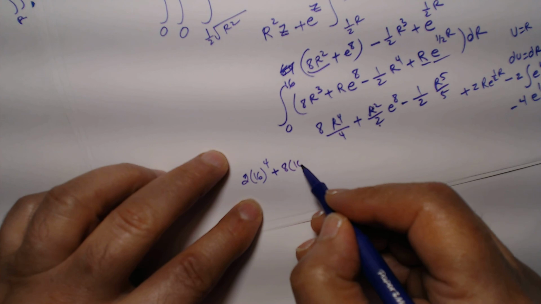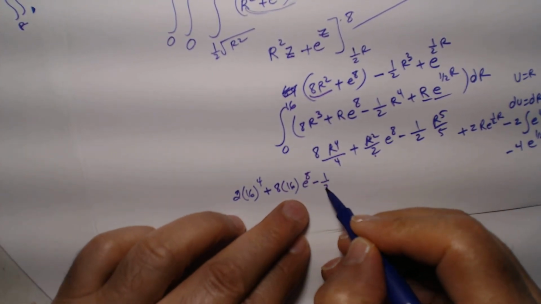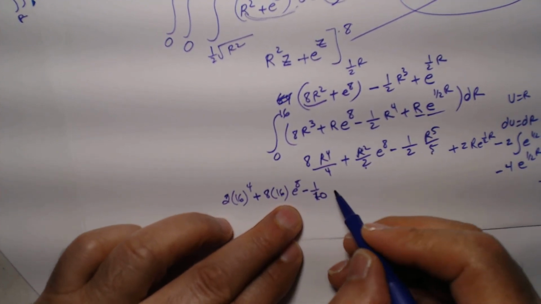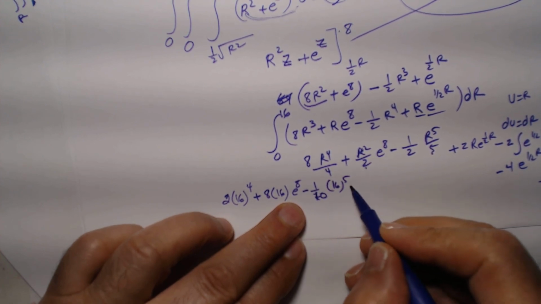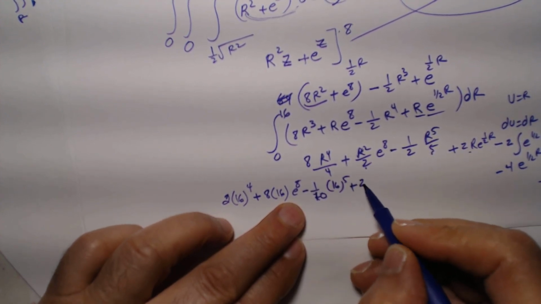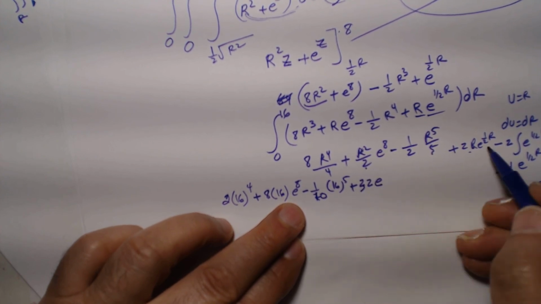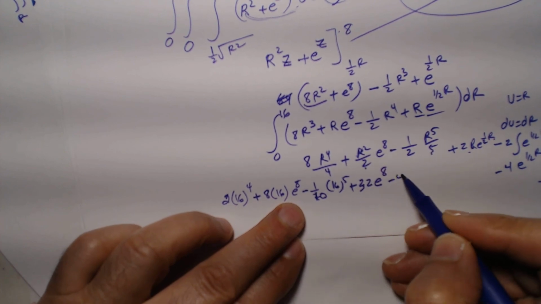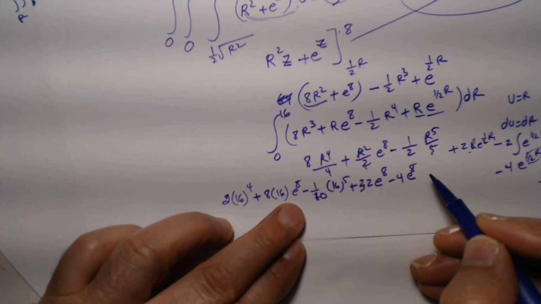That's 8 times 16 e to the power of 8, minus 1 over 10, and this one your r is 16 to the power of 5, plus 2 times 16 is 32, e to the power of half of 16 is 8, minus 4 e to the power of half of 16 is 8.